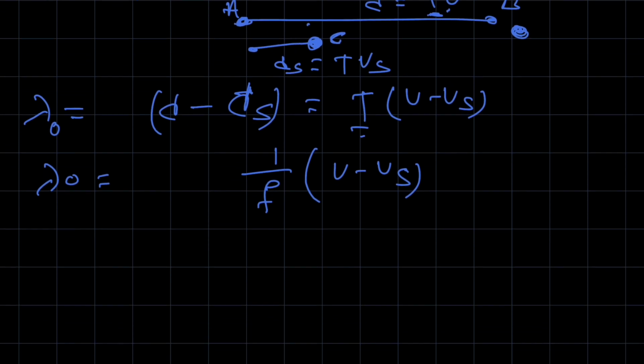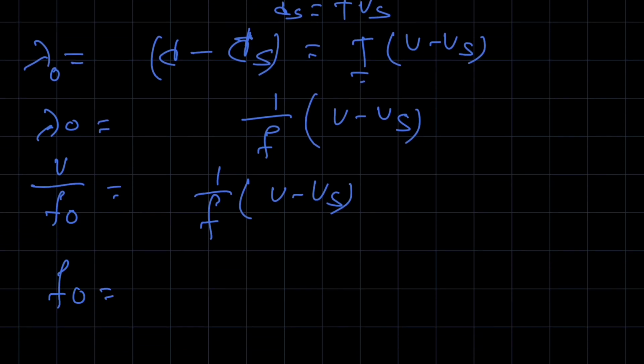We observe the frequency f naught equal to v divided by (v minus vs) times f, so the observed frequency will be v over (v minus vs) into f.